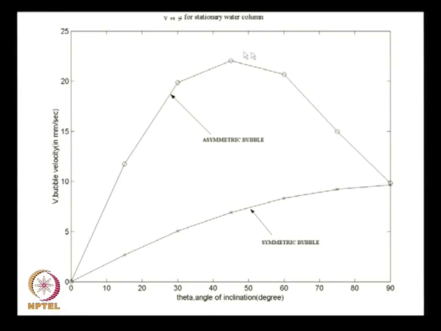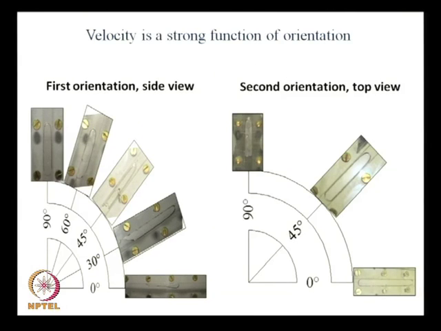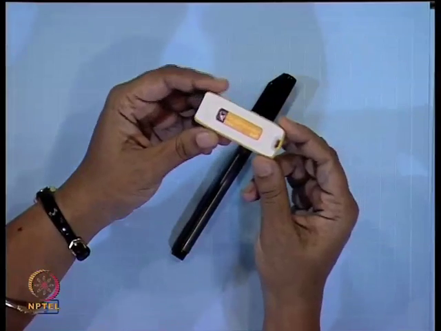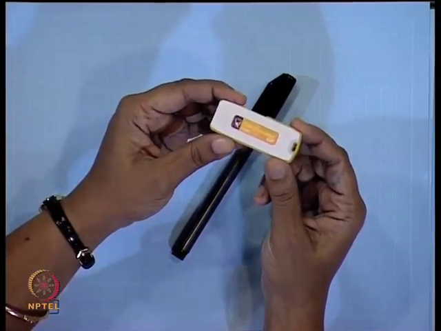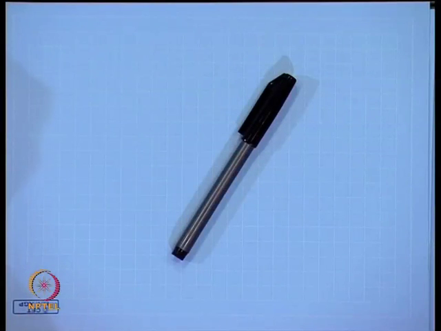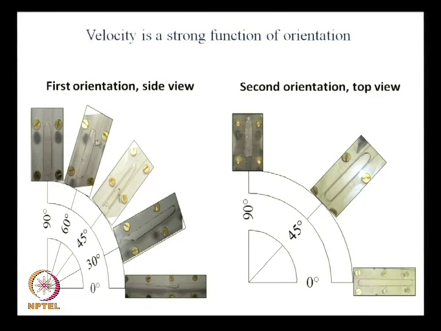So, naturally when this happened, we tried to find out what can be the possible reason for this. In order to find out the reason, we started taking photographs of the bubbles and we reported the photographs for a number of inclinations. We found out that for the first case, where the broad face is perpendicular to the vertical plane, if you observe, I do not know how clear it is, the nose gets more and more pointed.